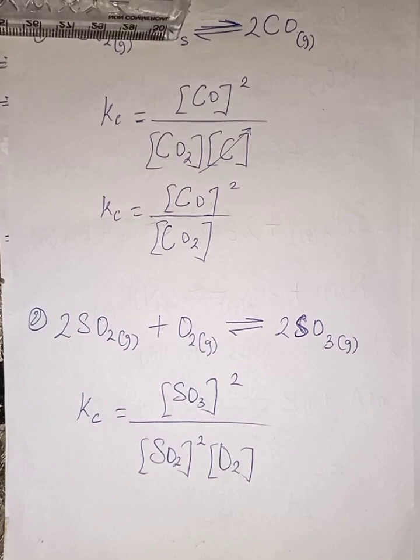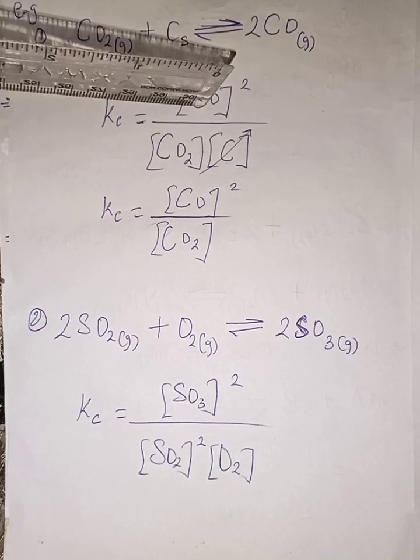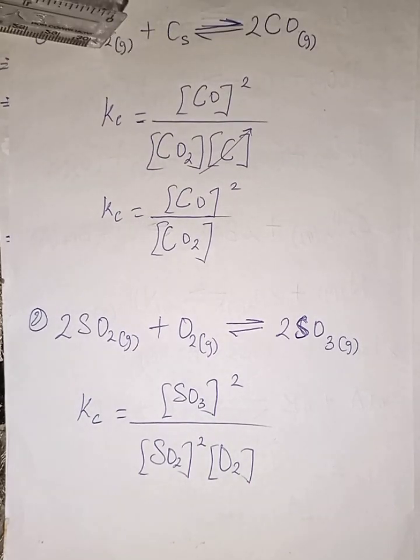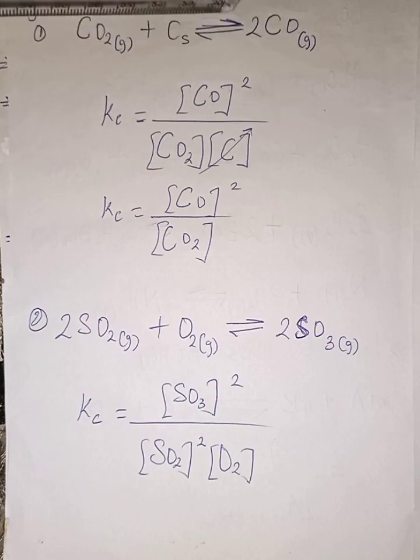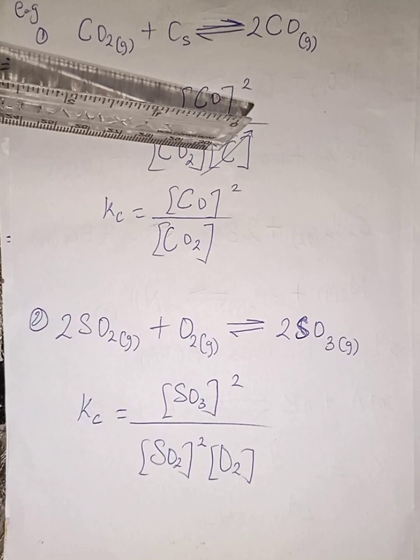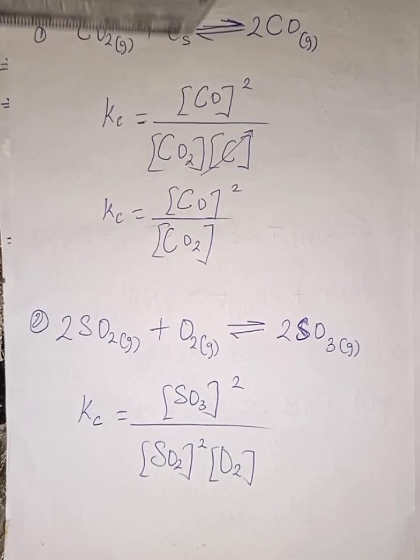But this carbon is solid. So after you have written the equilibrium constant, which is the product divided by the reactants, each raised to their coefficients, you then remove the solid. That's why I cancelled out this carbon. So this is the correct equilibrium constant for this reaction.